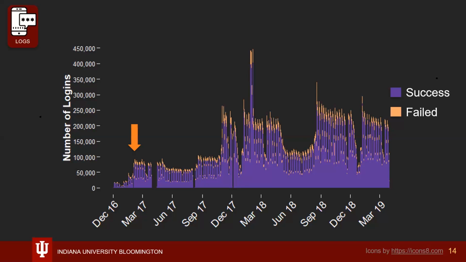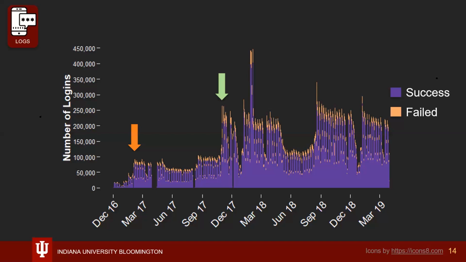The orange arrow pointing to February of 2017 indicates the start of the second phase that required all employees to use two-factor authentication for all systems, resulting in a large growth in the number of daily authentication requests. The beginning of two-factor authentication being required for everyone for all systems is highlighted by the green arrow pointing to November of 2017. This period had a sharp growth before a drop in activity over the winter break.